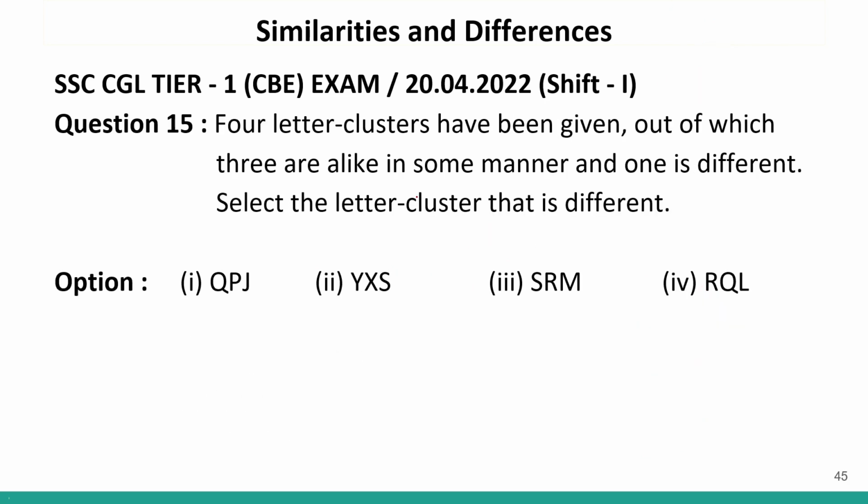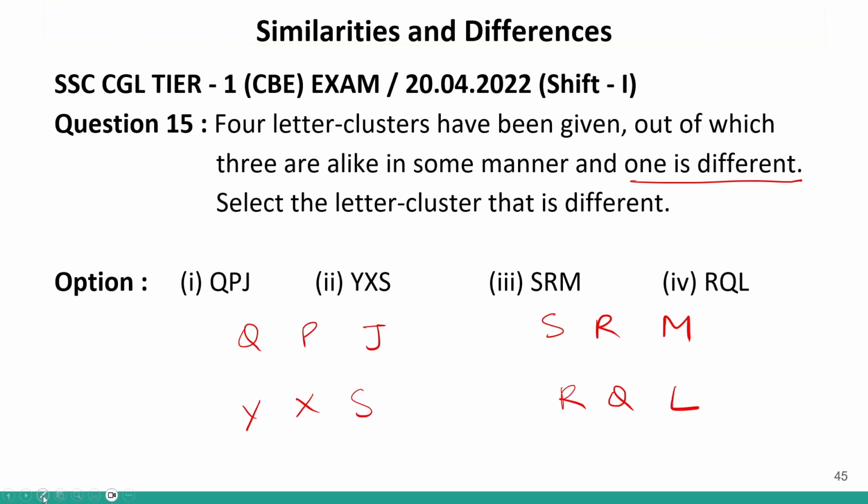Now, 4 letters and we have to find the one that is different. Similarly, we have to consider them each as a different series. So our first series is QPJ, then we have YXS, then we have SRM, and then we have RQL. So let me quickly give them forward ranks. So Q is ranked at 17, P is ranked at 16, J is ranked at 10, right?